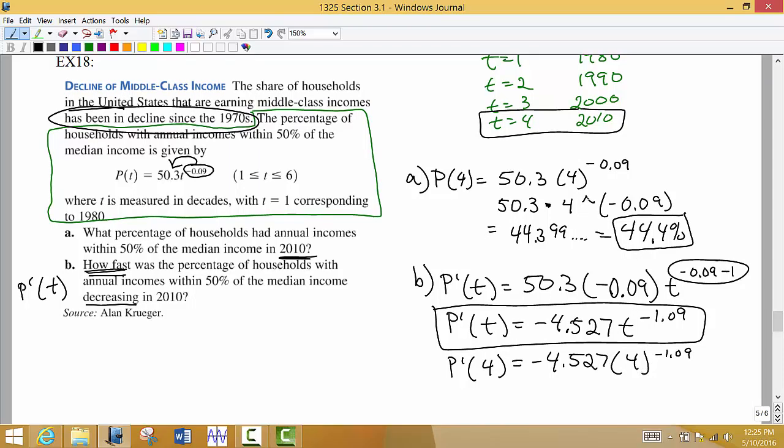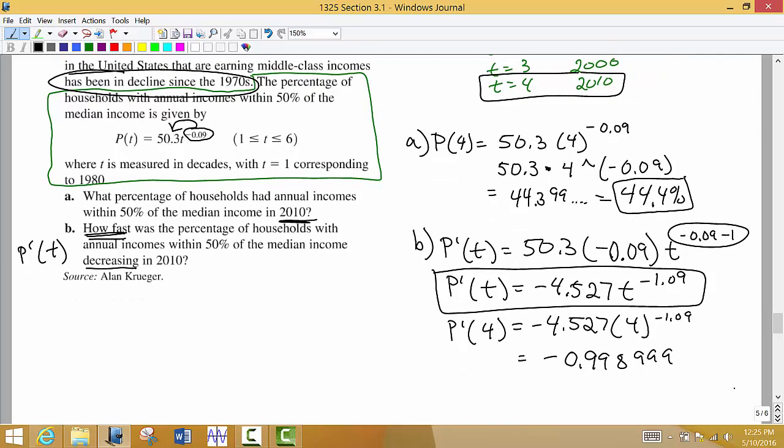I'm going to use that little caret symbol and put in my parentheses and then put that negative exponent in the parentheses. Then I get something like this, negative 0.998999, and I'm going to round that to the nearest tenth. And when I do that, it rounds the whole value up to about negative 1%.